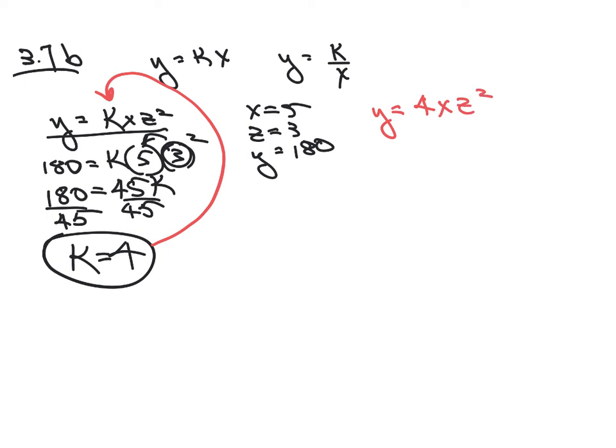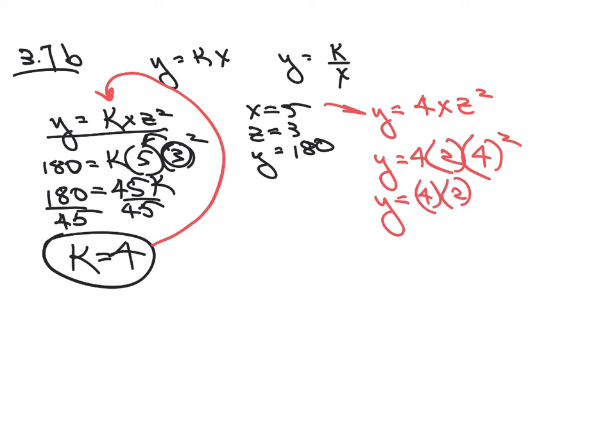Now I read the rest of the problem. Find y when x is 2 and z is 4. So y equals 4 times 2 times 16. 4 times 2 is 8, and 8 times 16 is 128.